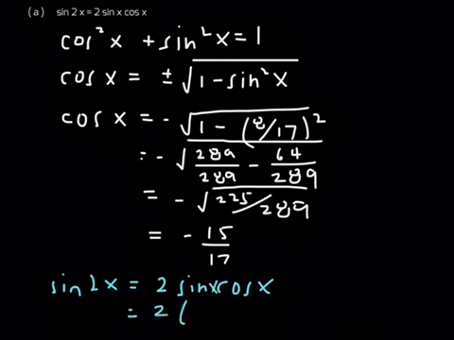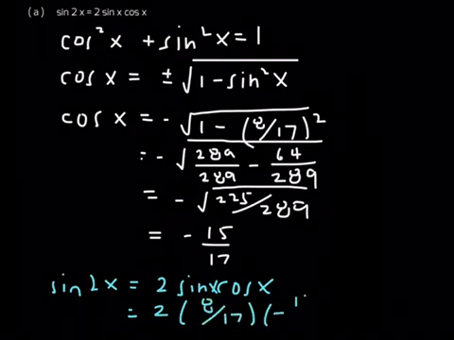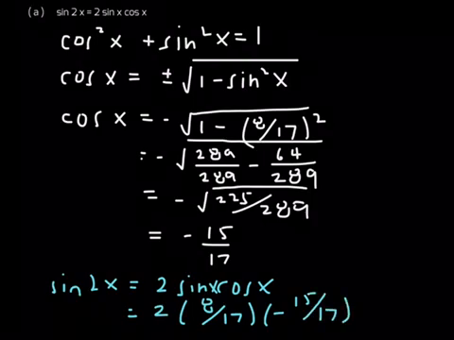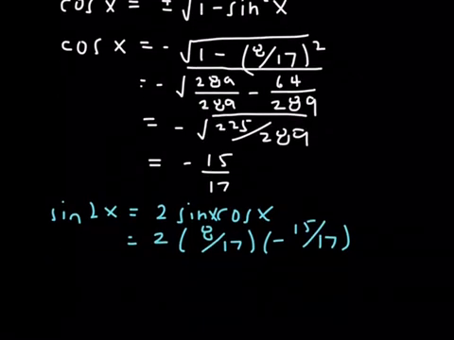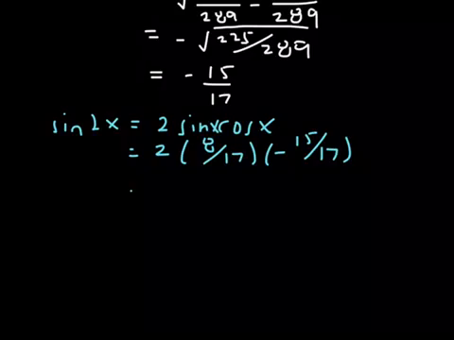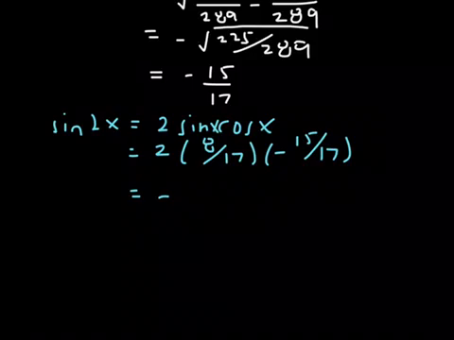Sine of x is given to me, 8/17. Cosine of x, I just found it, negative 15/17. Once I do this arithmetic, I have found what sine of 2x is. All right, so then it is, let's see, it's all negative, and we got 17 times 17, so that's 289 in the denominator.